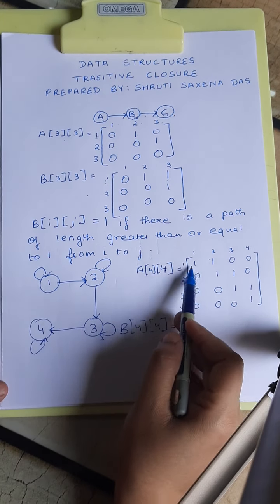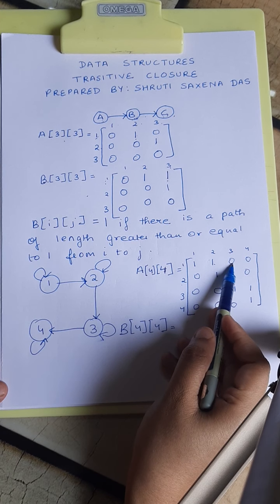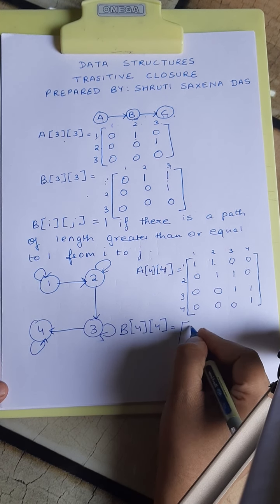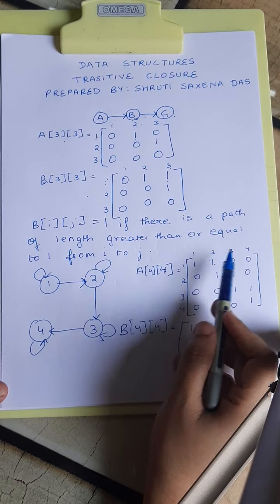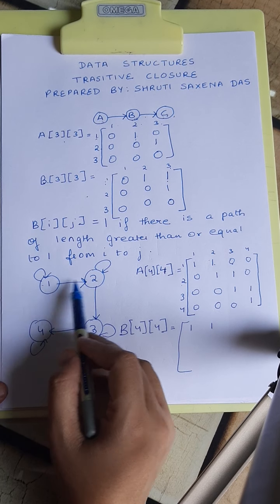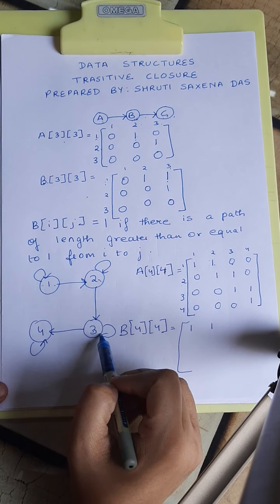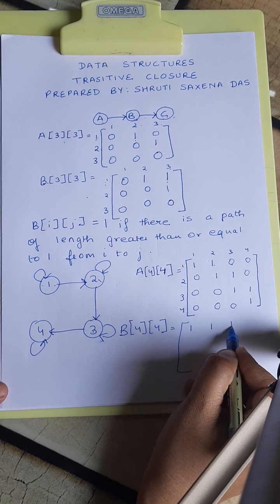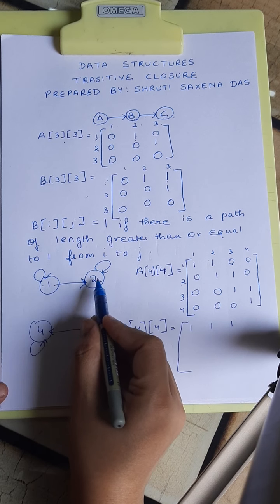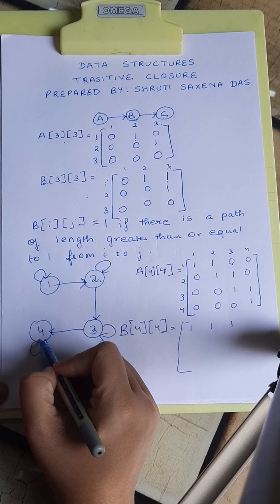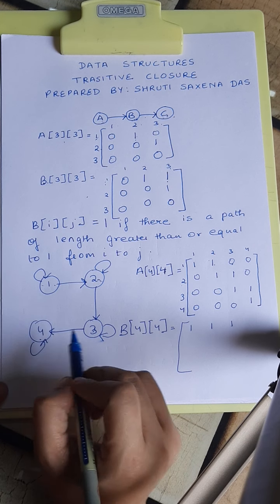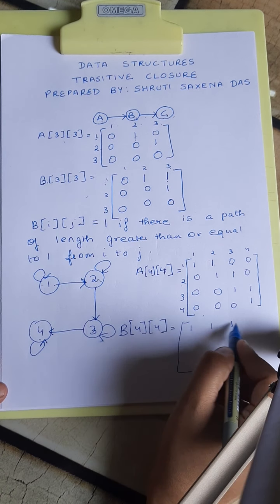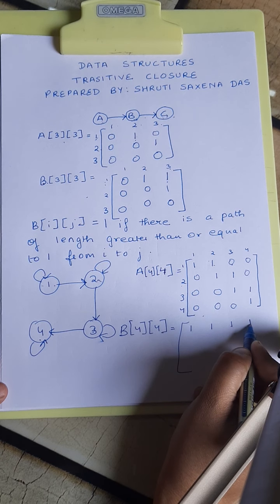If you see, these two values are 1, so we check for 1 to 3. A 1 to 3 path exists via 2, 1 to 2 and then 2 to 3, so we mark it as 1. Then 1 to 4: 1 to 2, 2 to 3, 3 to 4, again a path exists, so this will become 1.